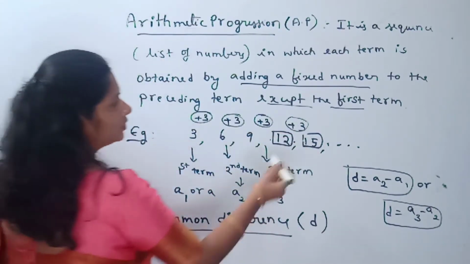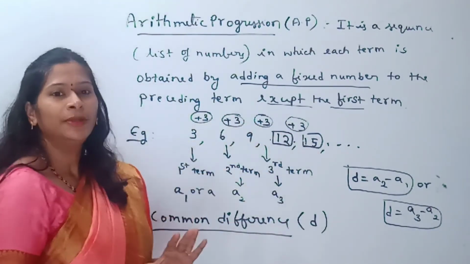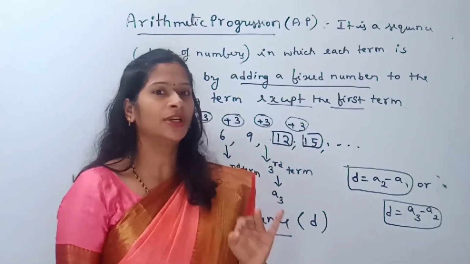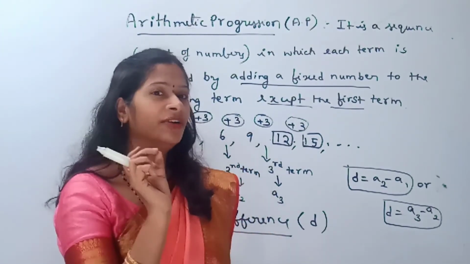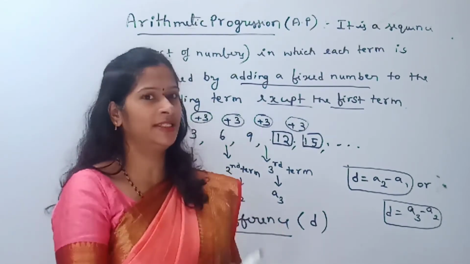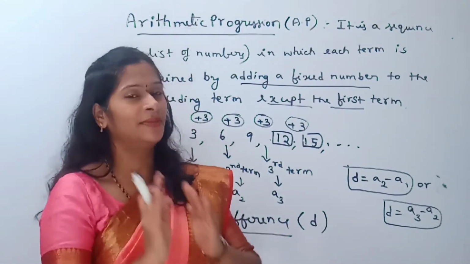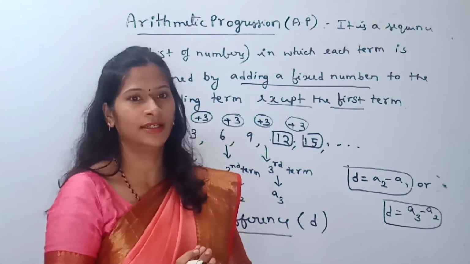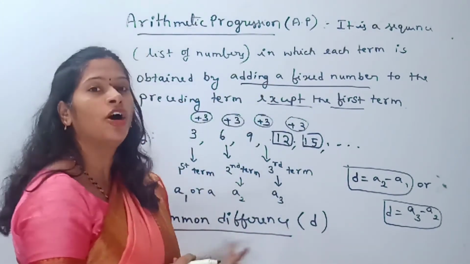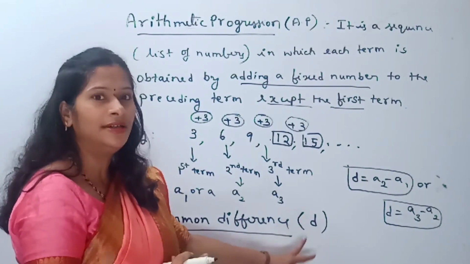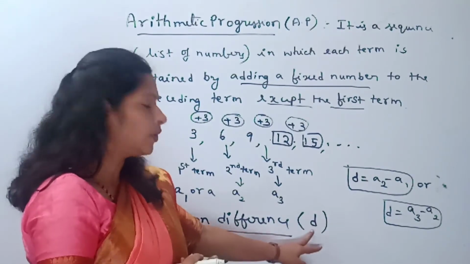Got it now? So what do you mean by arithmetic progression? Arithmetic progression is a sequence in which we are adding a fixed number to its preceding term except the first term. Is it clear? That fixed number we call the common difference, and it is denoted by the symbol small letter d.